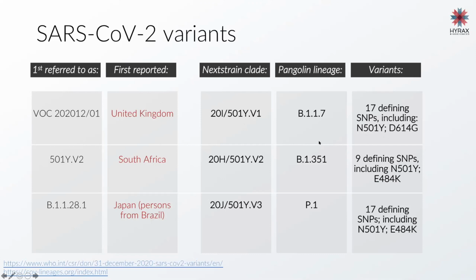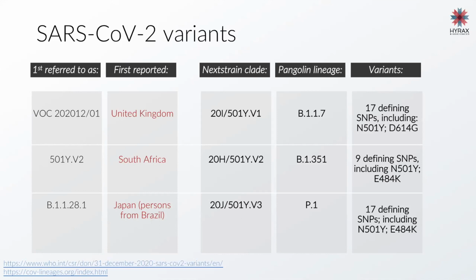So for both the variants first identified in South Africa, 501Y.V2, as well as P.1, which is now dominant in Brazil, which have their associated Nextstrain clades, each of these over and above N501Y also have E484K, which has been associated with reduced susceptibility to neutralizing antibodies, which has been worrying in the news in relation to vaccine efficacy.